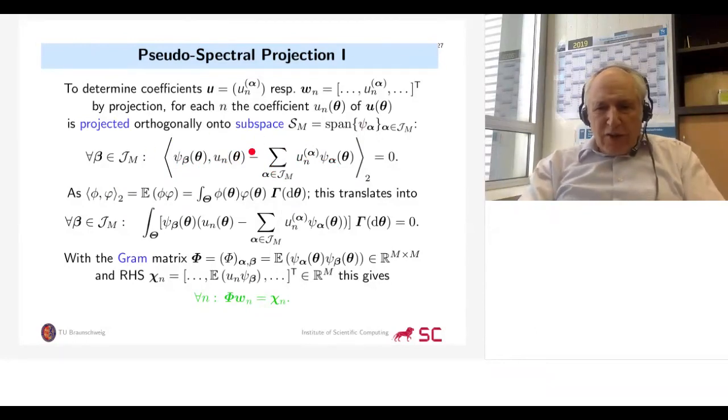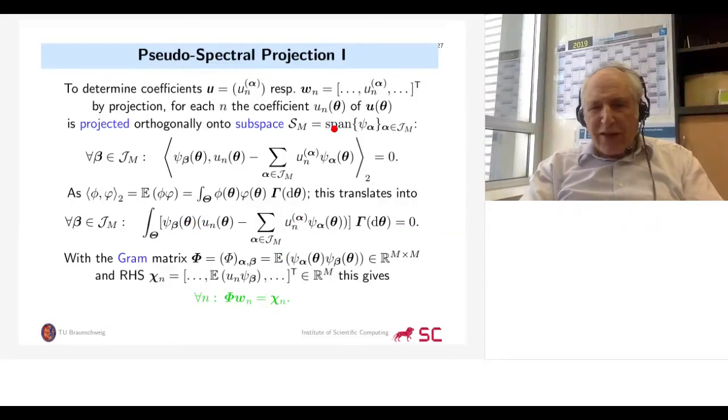But what is this inner product here? Well, the inner product is just the expected value of these, so this is this integral. So this translates into all these integrals being zero for any multi-index, which means a matrix is going to appear. You know how to do this. This is what you do when you do finite elements.